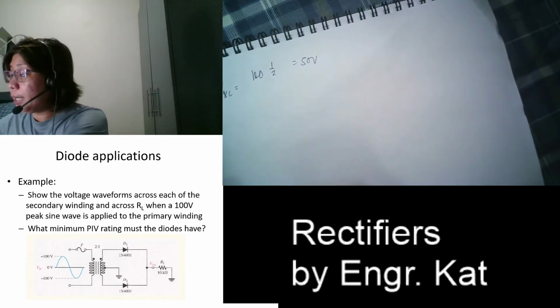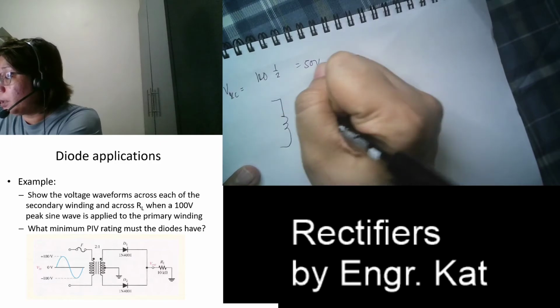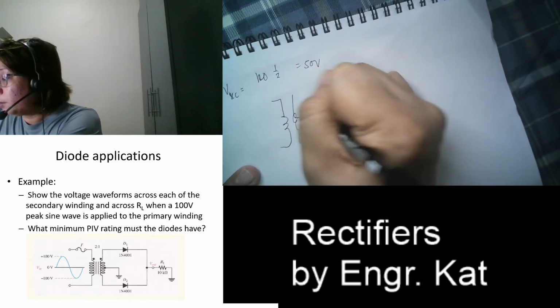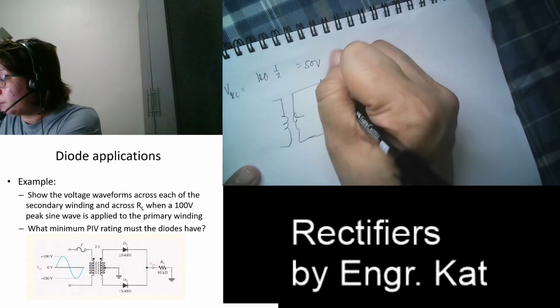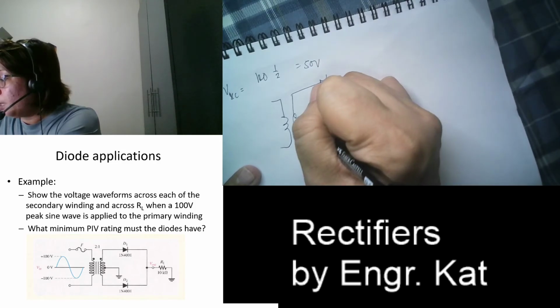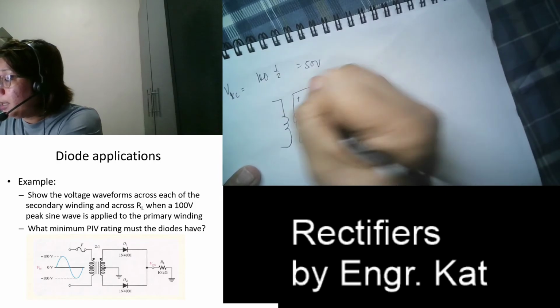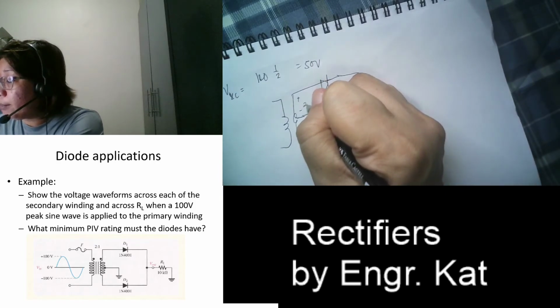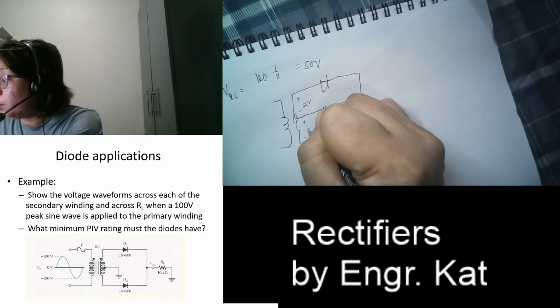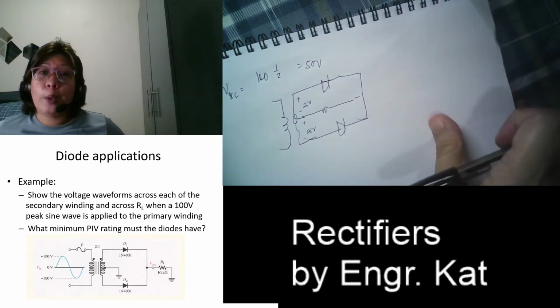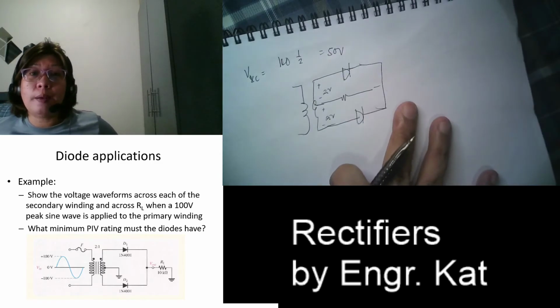However, using a center tap transformer, class, this will only give us plus and minus 25 volts, since we are using a center tap.